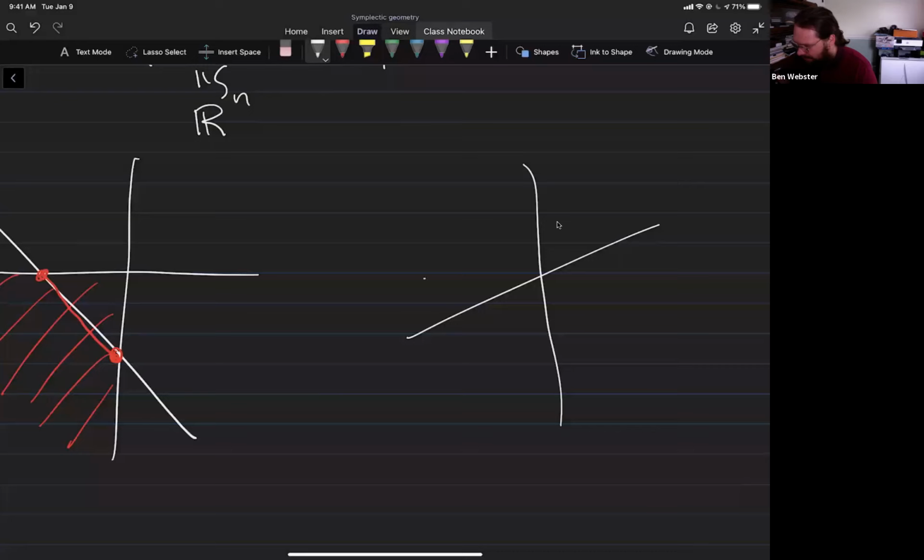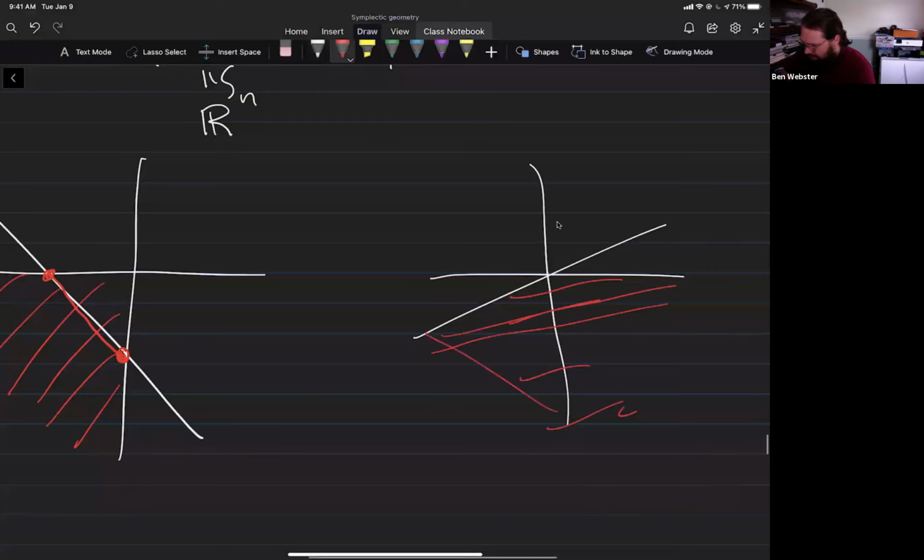For example, if I upgrade to 3 dimensions, let me make the stuff that's closest to me on the bottom the negative orthant.